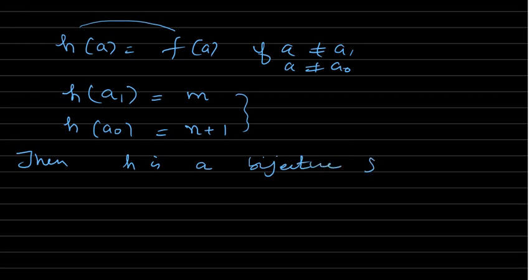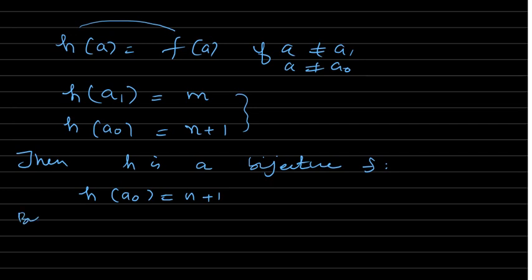Such that h of a0 is equal to n plus 1. Now the case 1 that you did, where it was stated that if f is a bijection from A to the set of first n plus 1 natural numbers such that f of a0 is equal to n plus 1, then we can find a bijection from A minus a0 to the set of first n natural numbers.